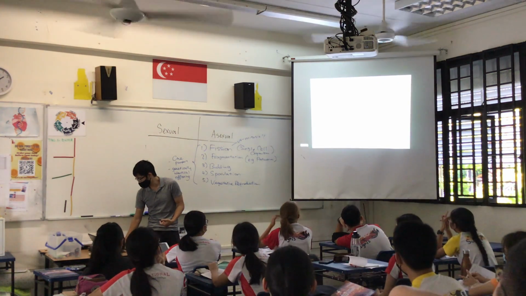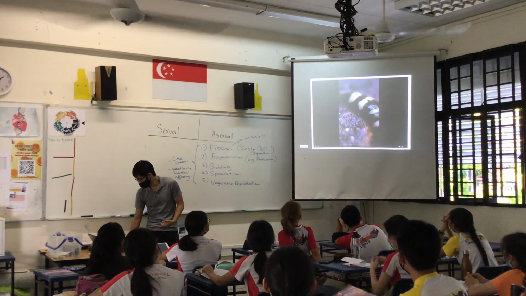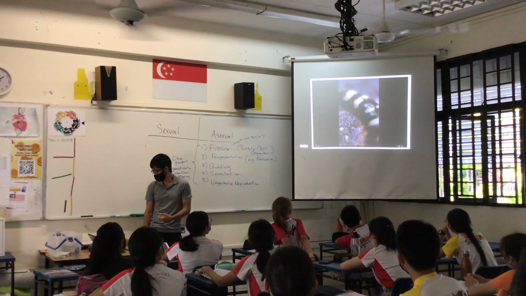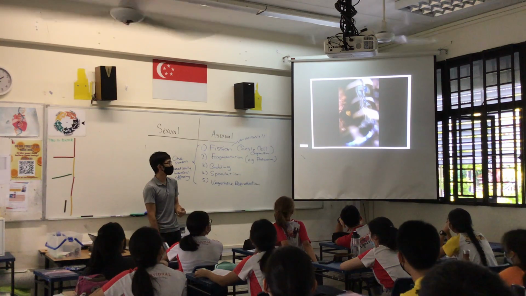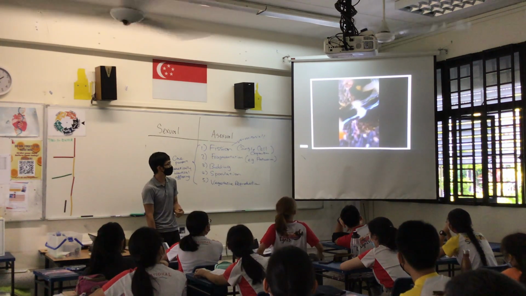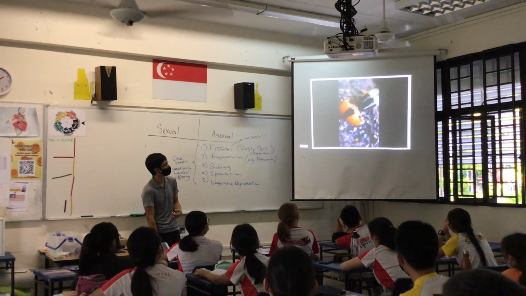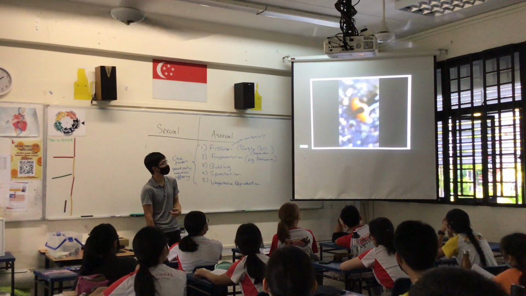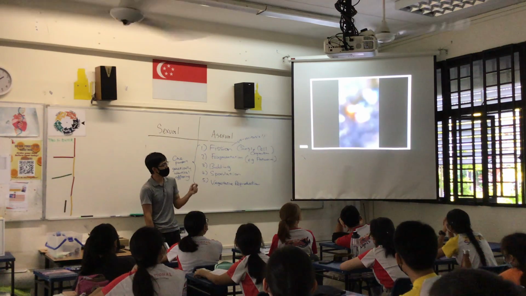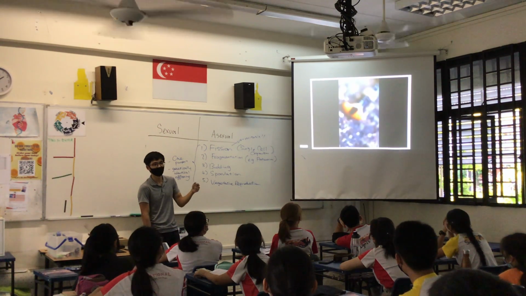Up close, it looks like this. This is called a hammerhead flatworm because of its head. That's quite cute. You know what it was doing? In the moment I was taking this, it was chasing a snail.